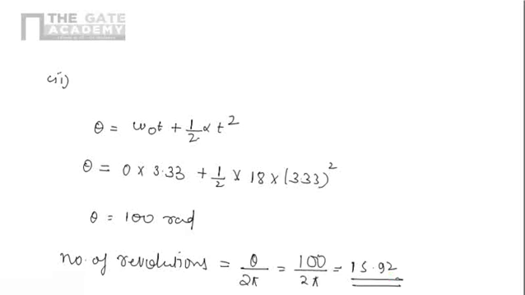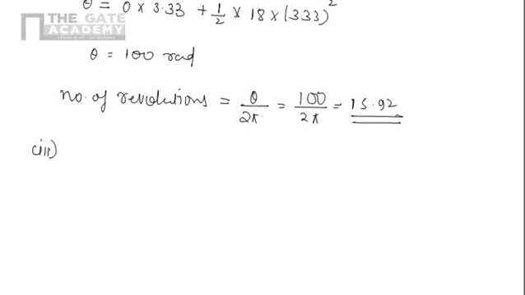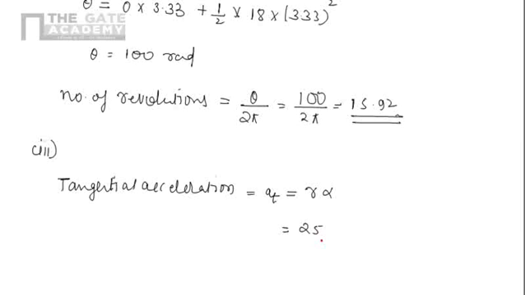Now for the third part, we have to find out the total acceleration. First find tangential acceleration. Tangential acceleration is nothing but a t equals r alpha. So we know the value of r is 25 and alpha is 18.